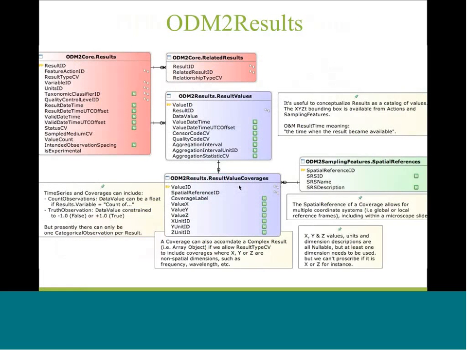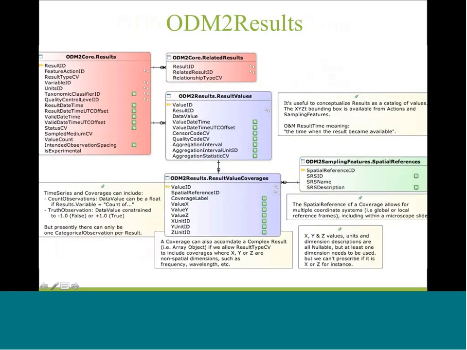You might have noticed that in the core of ODM2, there was a results table, but actually there is no result value in this table. So this is kind of that higher level metadata about, for example, the entire time series of stream depth measurements that you're making at a given site.